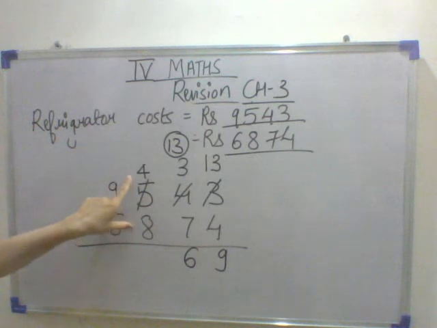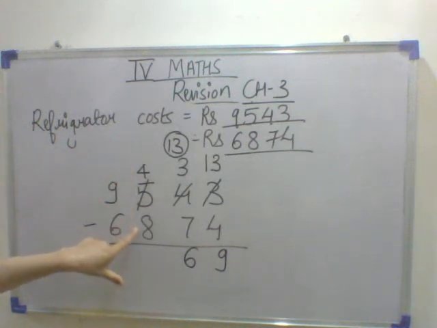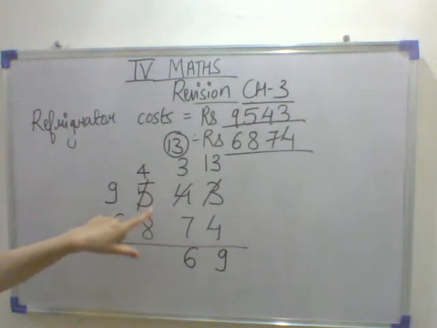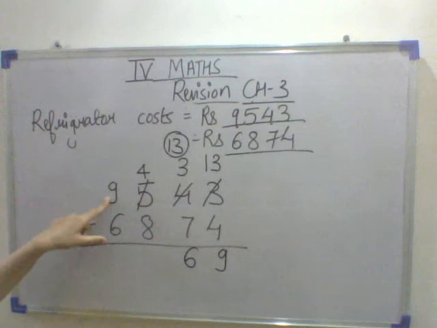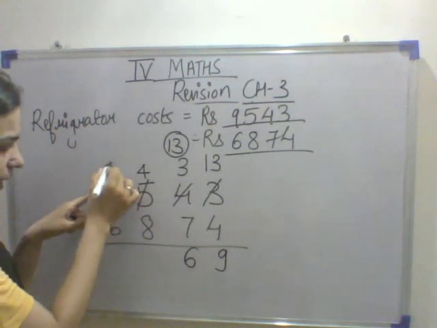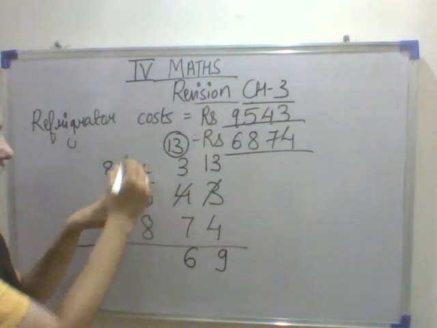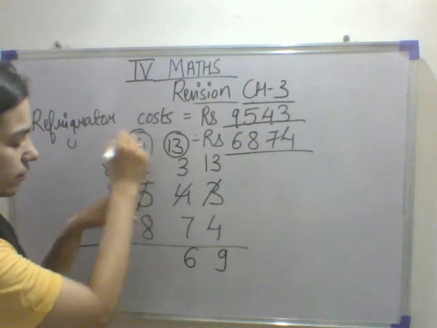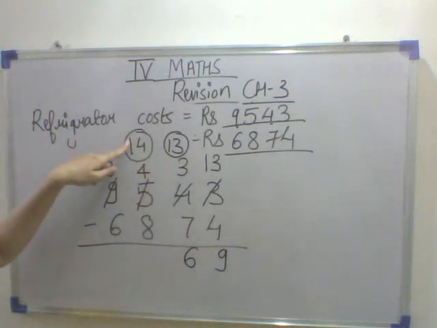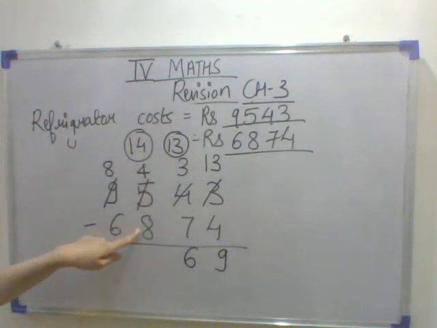Now next come here 4 minus 8. As 4 is smaller than 8, it cannot be subtracted, so it will borrow from the 9. So 9 will become 8 and this 4 will become 14. Now 14 minus 8.